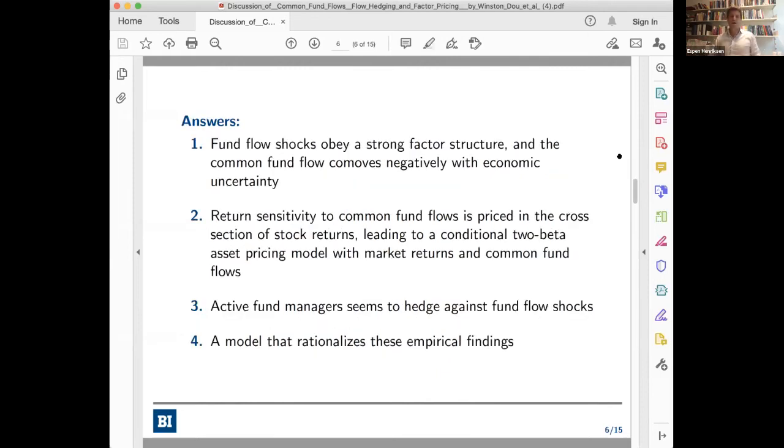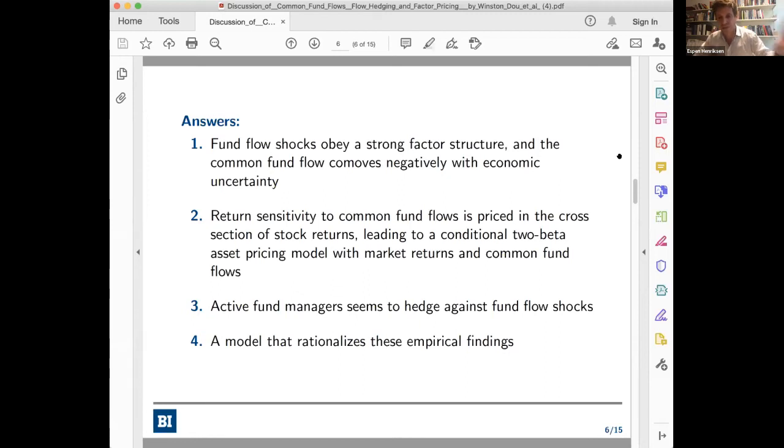So then straight to the empirical analysis, and this is all I have on it, but just to summarize. What they are saying, as Winston was saying, is that fund flow shocks obey a strong factor structure, and the common fund flow correlates negatively with economic uncertainty. And then the return sensitivity to common fund flows is priced in the cross-section, leading to a conditional two-beta pricing model with market return and the common flows.